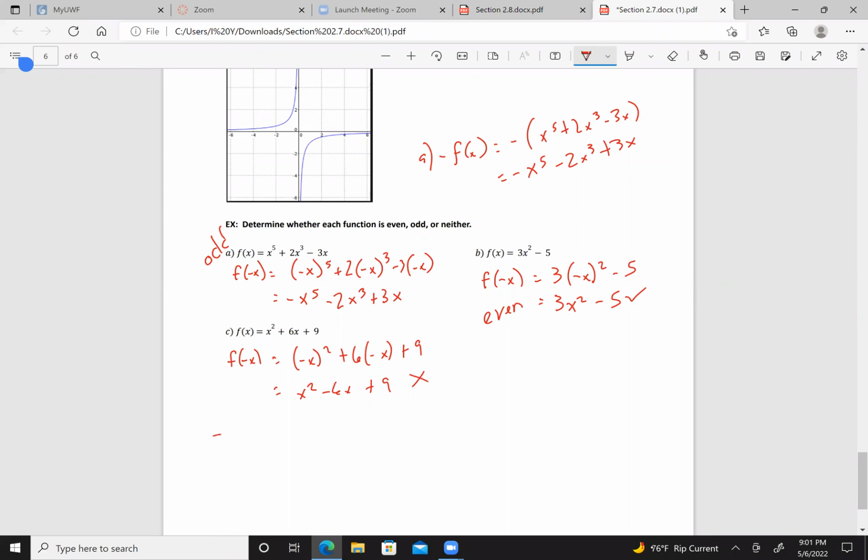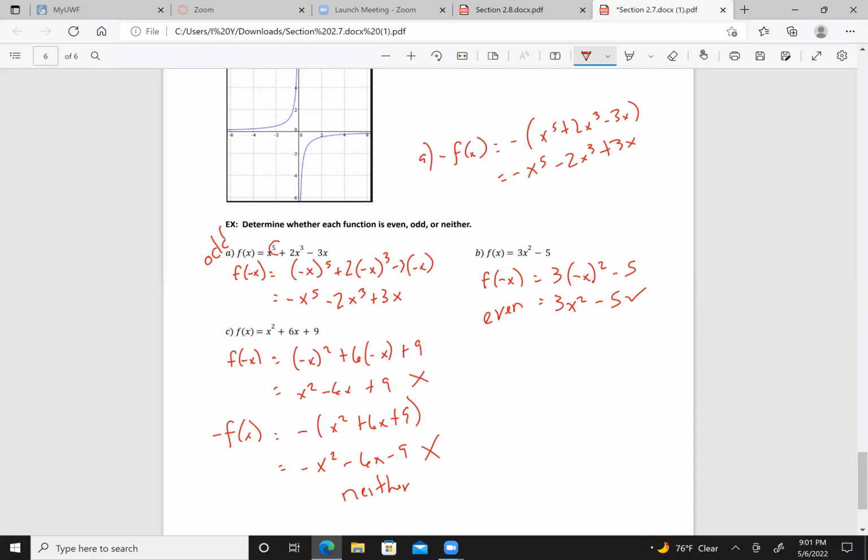Now let's look at the negative of f of x. I'll take the negative of x squared plus 6x plus 9, which is negative x squared minus 6x minus 9. That is not true. So this is neither.